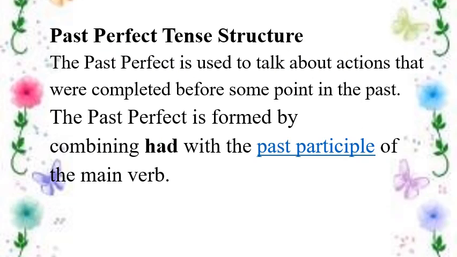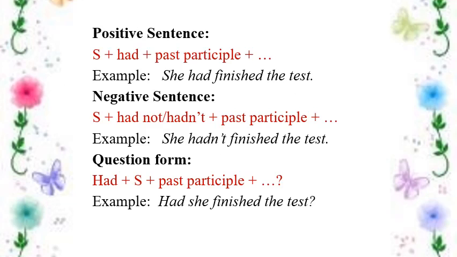Let's talk about the structure of past perfect tense. The past perfect is used to talk about actions that were completed before some point in the past. The past perfect is formed by combining had with the past participle of the main verb. Here you can see the structure.